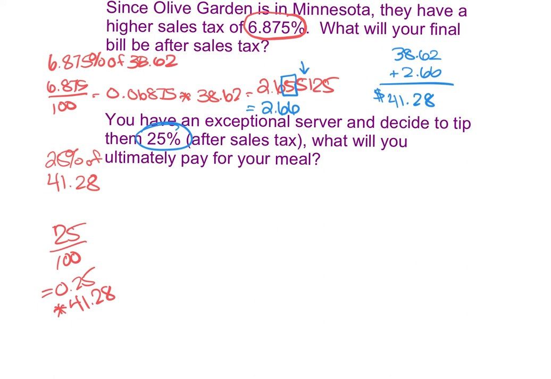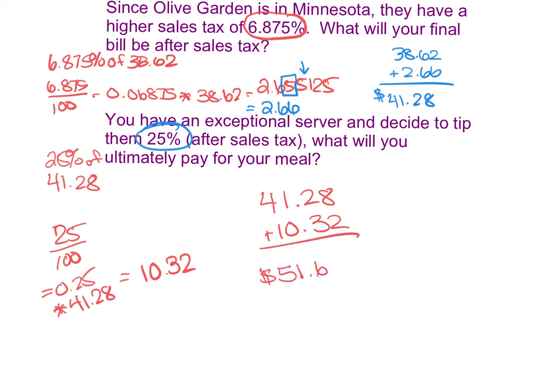So 0.25 times $41.28, which gives us total tip of $10.32. And this one doesn't need any rounding, which is super nice. So now to find what we ultimately pay, we take the $41.28, we add it together with $10.32, and we find that we ultimately pay $51.60 for our entire meal.